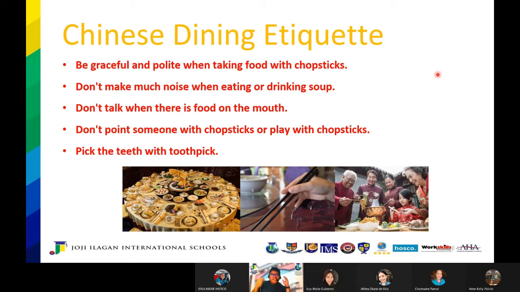Chinese dining etiquette. Be graceful and polite when taking food with chopsticks.